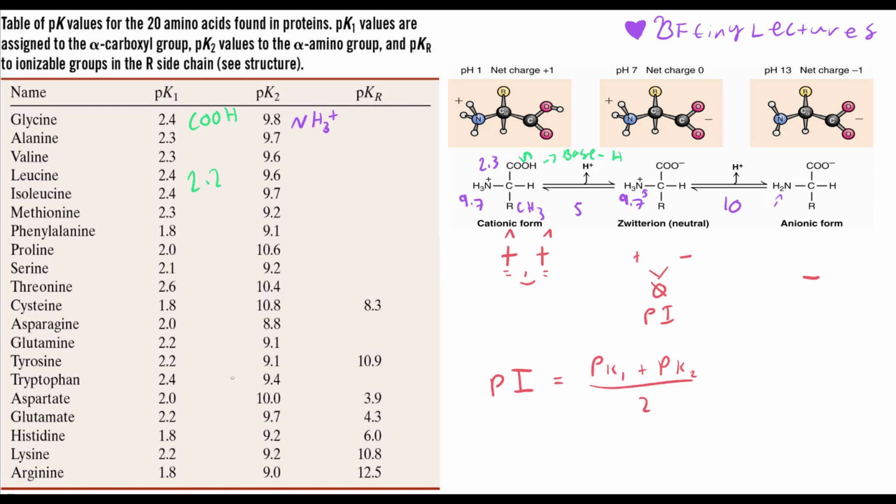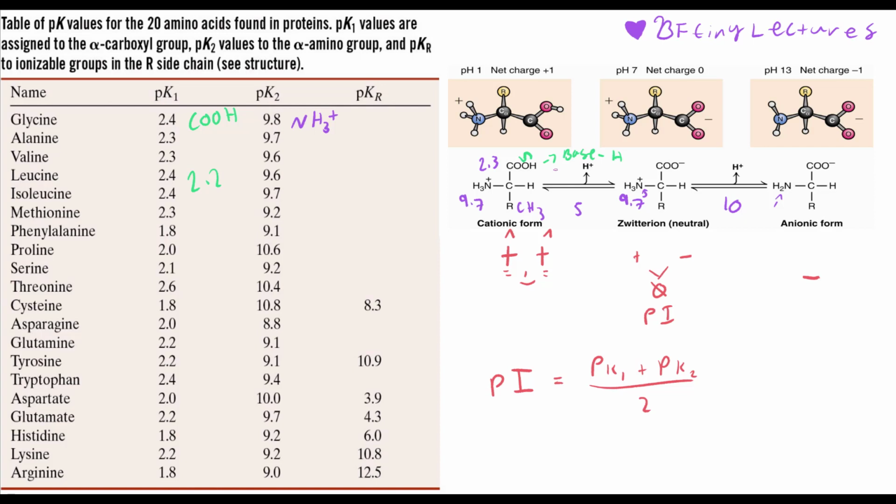So for instance, if you're doing tyrosine, you're not going to put 2.2 plus 9.1 plus 10.9 divided by 3. No, you don't want to do that. You just want to have 2 values. And those 2 values are going to be from the left and the right side of the neutral substance, okay? So we're going to get into that later. I'm going to do an example for tyrosine, most likely.